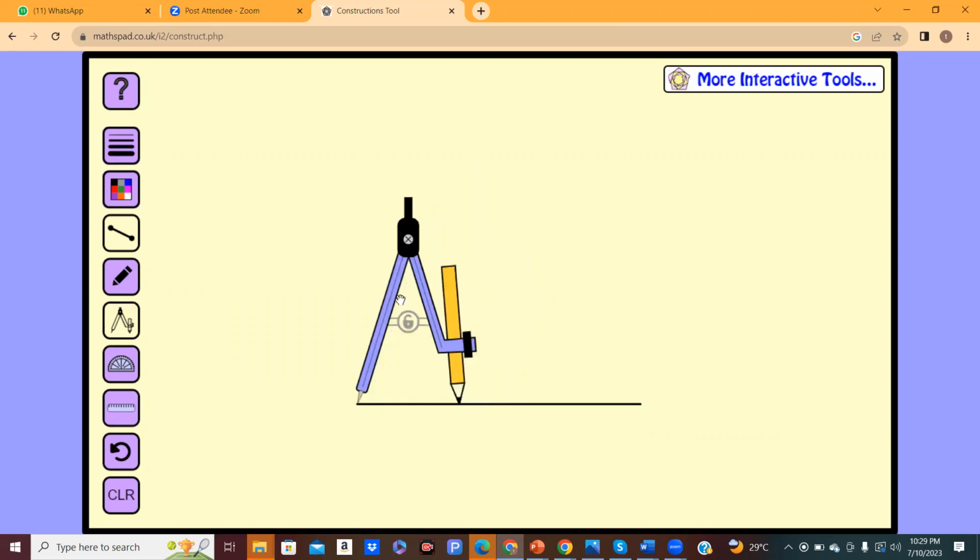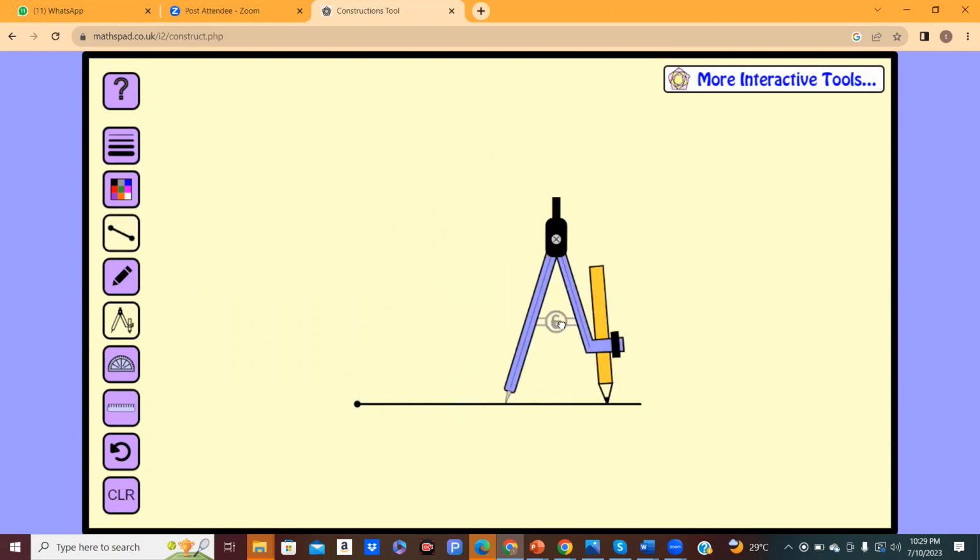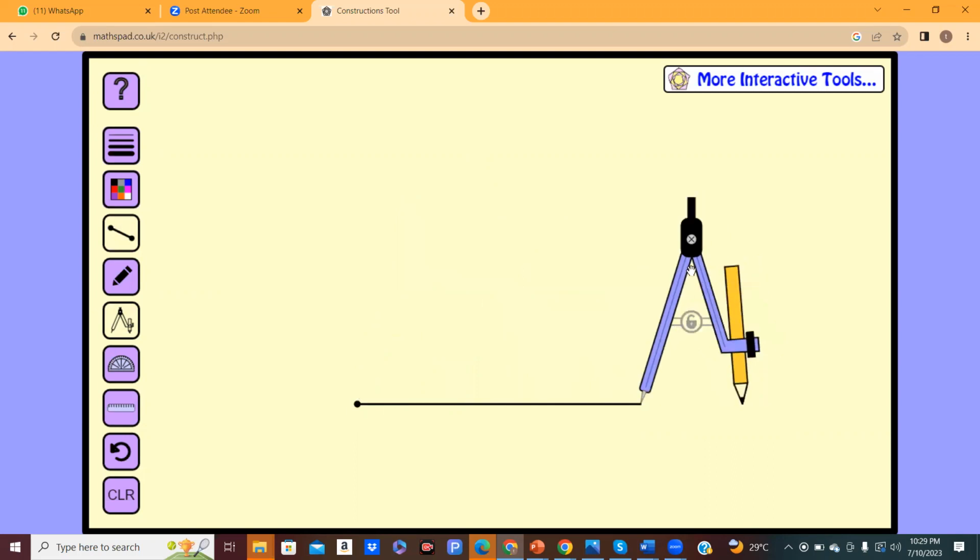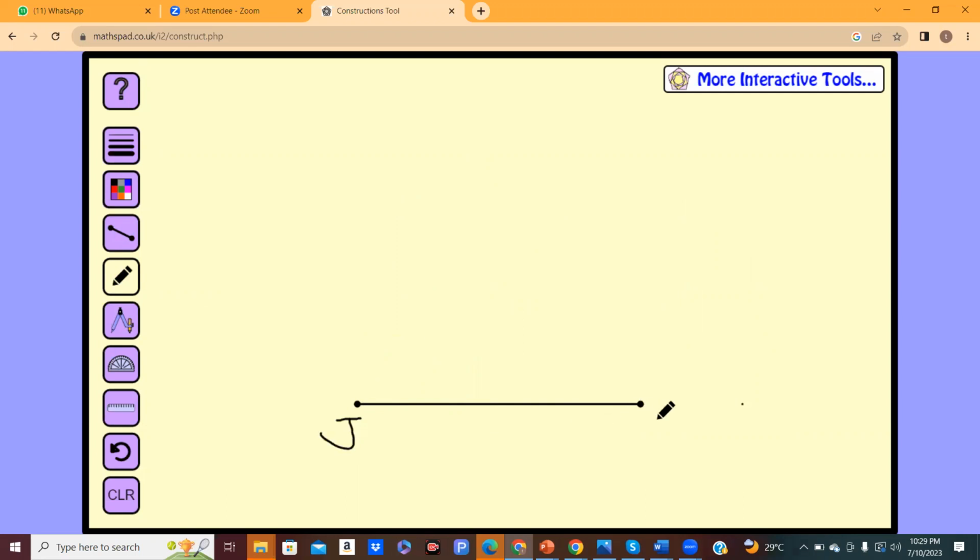It has 2 points. So now we're good. We're gonna call this point J, and we're gonna call the other point X. All right. So JX.